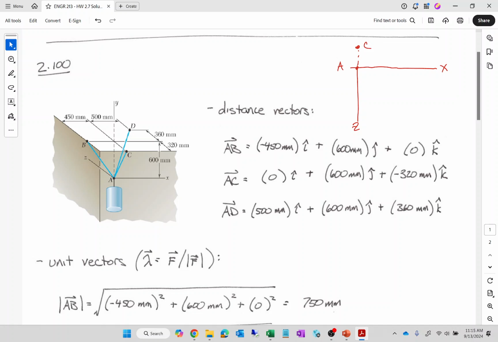But from A to C, we're going like this way, right? So what I'm saying is if we're looking at this up and down, C is going to be like that. B is going to be along here. So negative 450, nothing there. And then AD, D is going to be like that. Okay? Does that make sense?